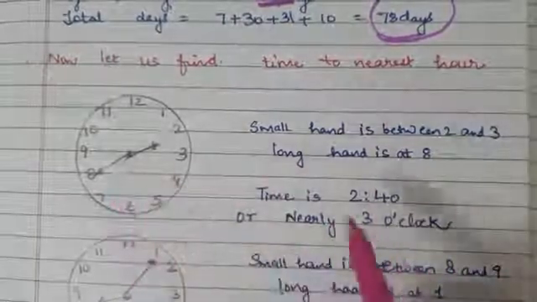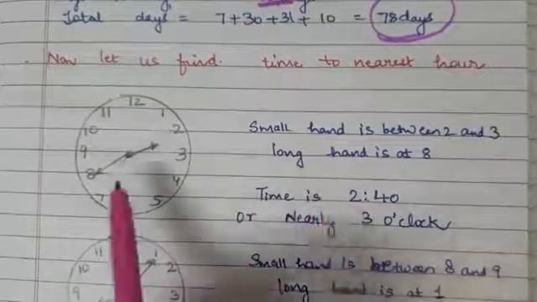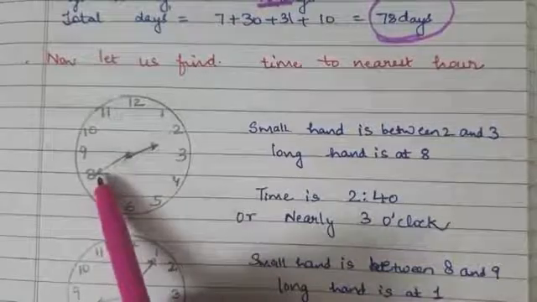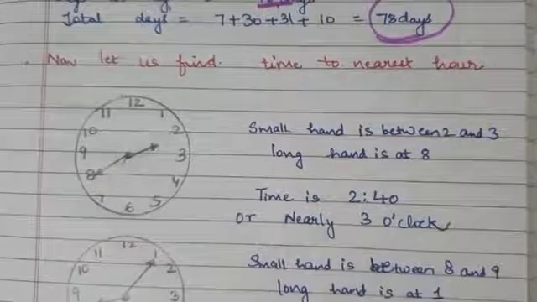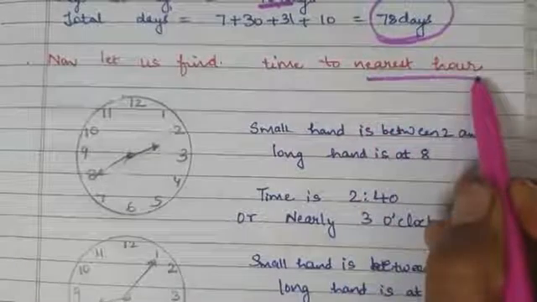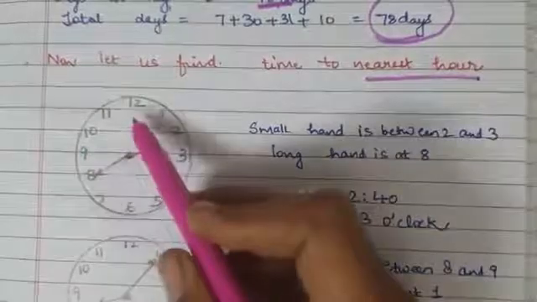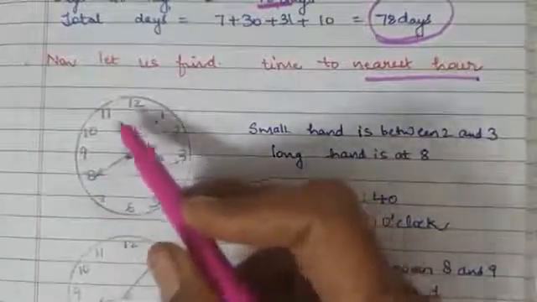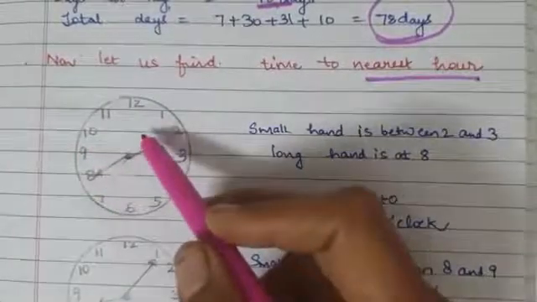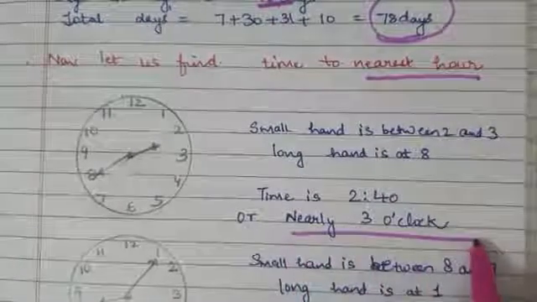So children, the time will be 2:40. And if we have to tell the time to the nearest hour, we will say it is nearly 3 o'clock, because it is about to be 3 o'clock. So the answer will be nearly 3 o'clock.